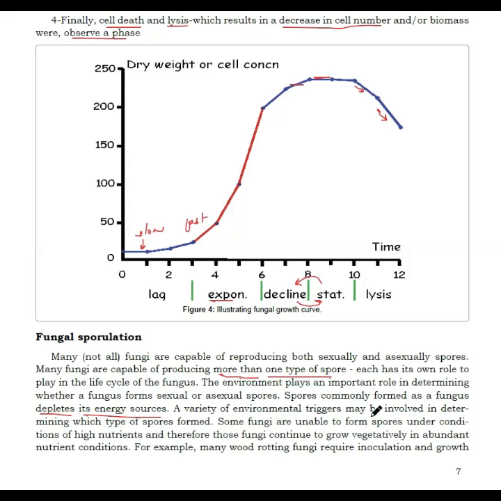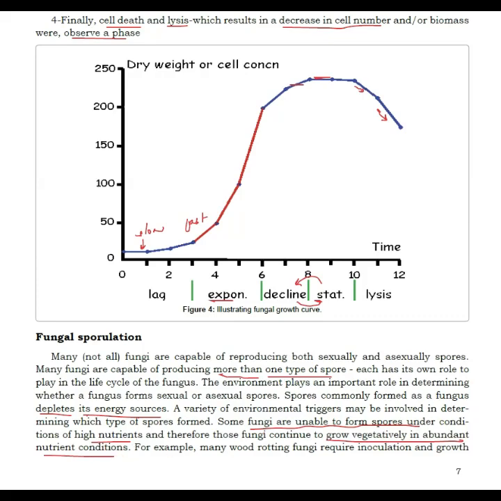There are several environmental stimuli or triggers which may be involved in deciding which kind of spores will be formed. There are also fungi which are unable to form spores under high nutrients, and they grow vegetatively in abundant nutrient conditions.